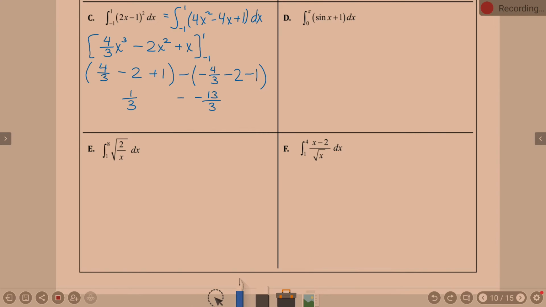And then 1/3 minus -13/3 is going to be 14/3. You do you on the cleanup part, right?